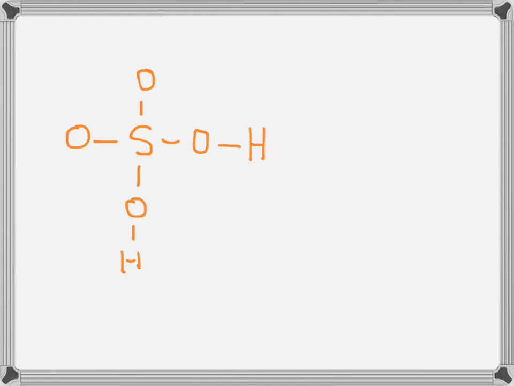Oh, I made that really big. How many valence electrons do we have here? We have 4 oxygens. They each have 6, and sulfur has 6. So that's 5 things with 6. That's 30, and the hydrogens make 32.